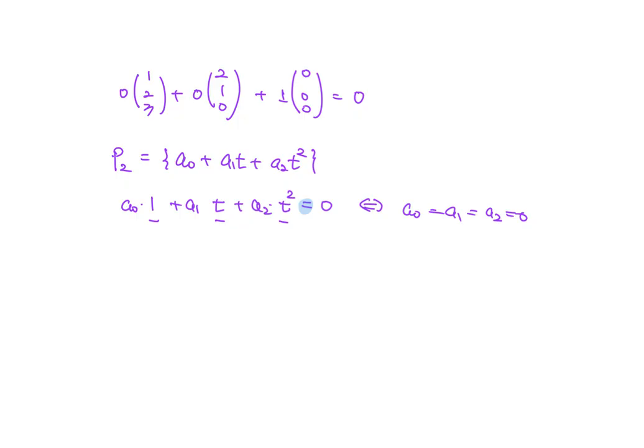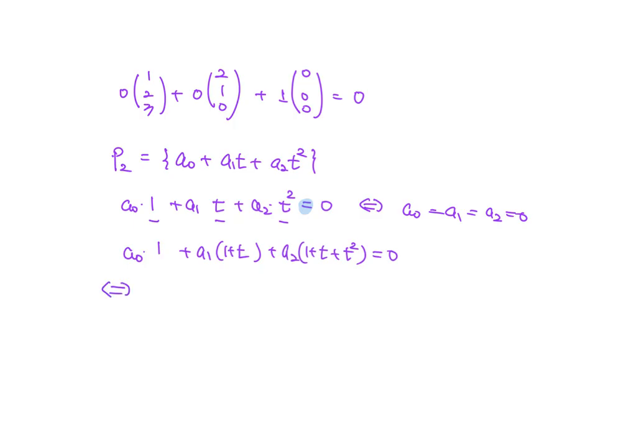We can easily show that 1, 1 plus t, and 1 plus t squared will be also linearly independent, because a naught times 1 plus a1 times 1 plus t plus a2 times this polynomial equals 0.